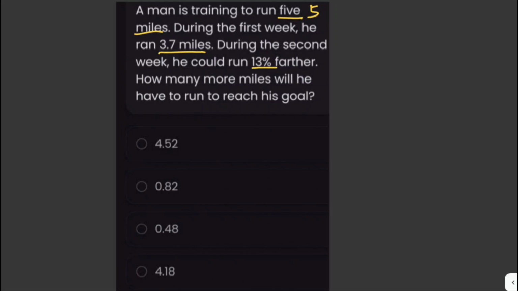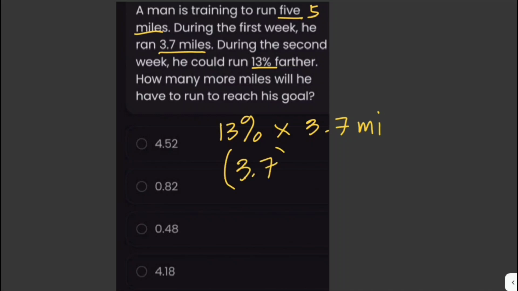So the first thing we do here is we calculate 13% of the distance he could already run. So that would be 13% of 3.7, or 3.7 times 0.13. This is just equivalent to 0.48 miles.